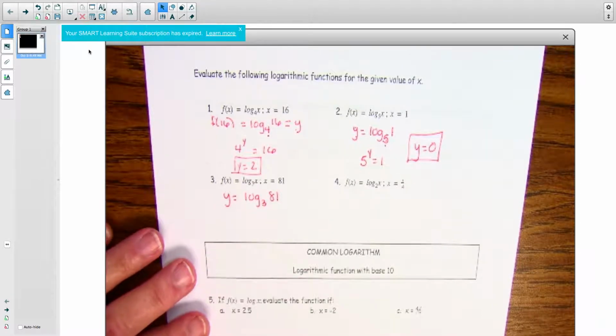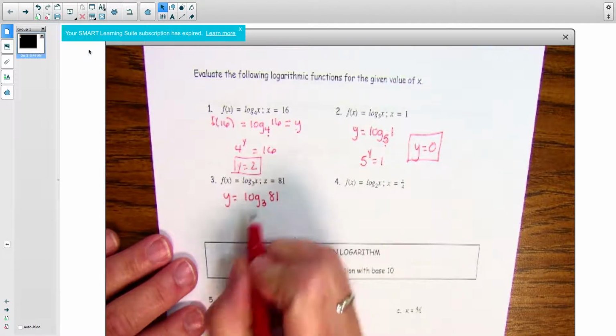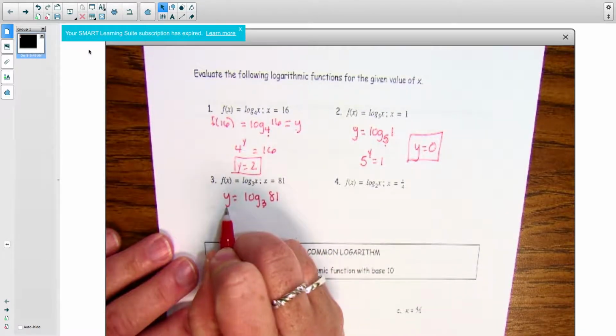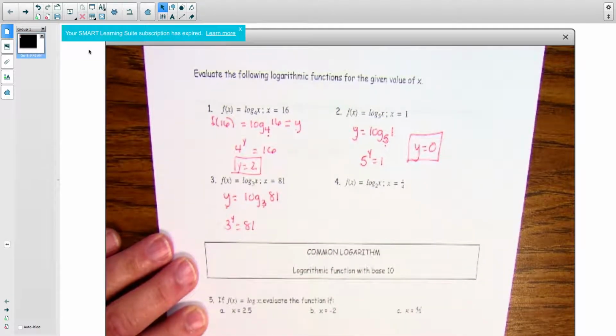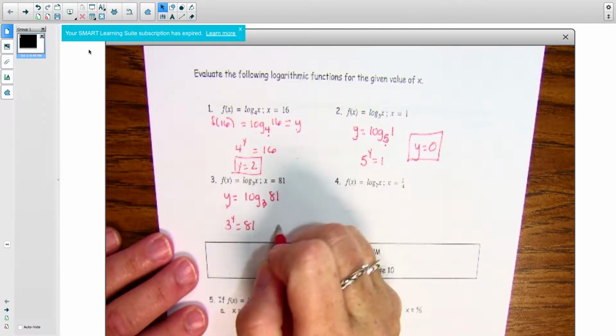Remember the definition from Algebra 2. So 3 raised to what power equals 81? 3 times 3 is 9, times 3 is 27. 27 times 3 is 81, so it's 4.